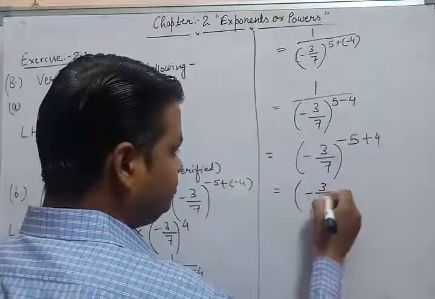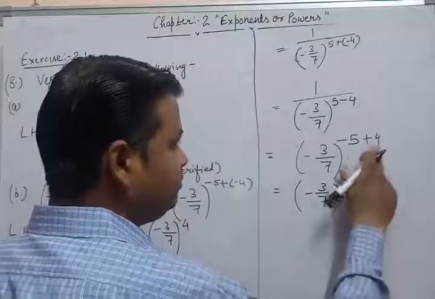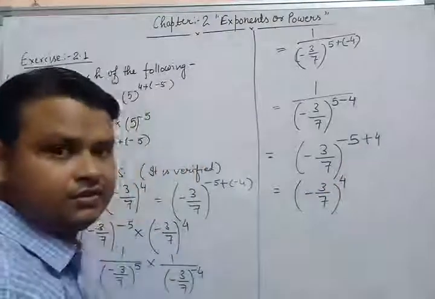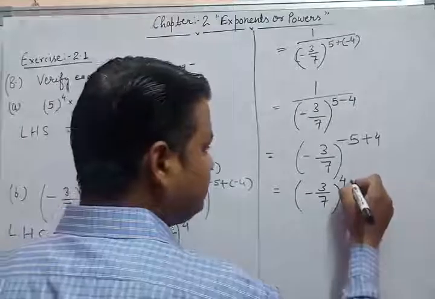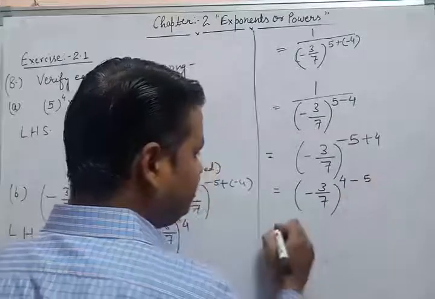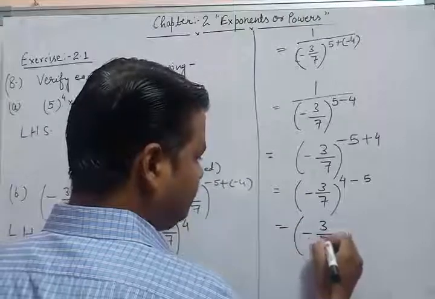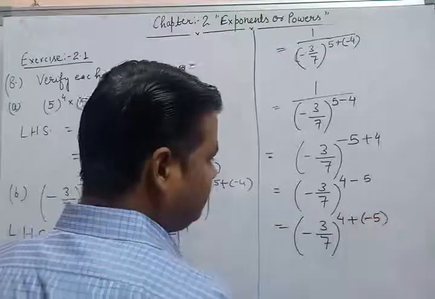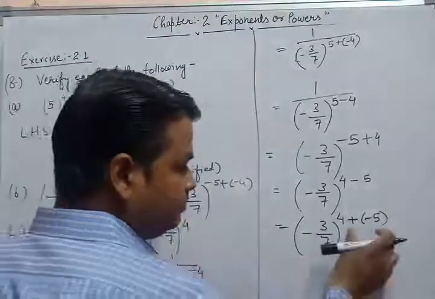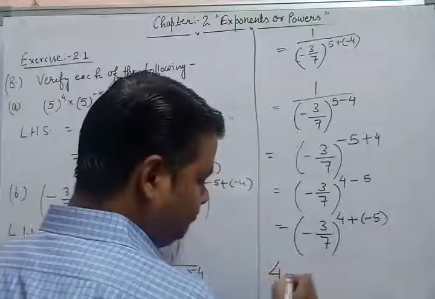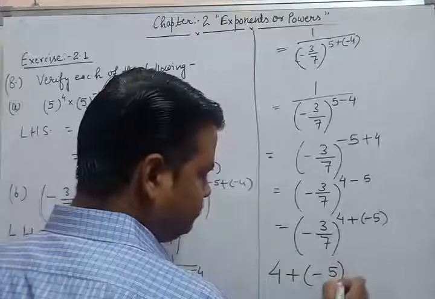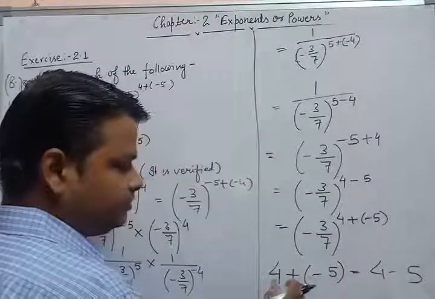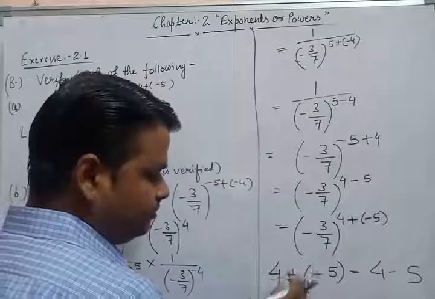Again we can write plus 4 as first exponent minus 5, and minus 3 upon 7 plus minus 5, because 4 plus minus 5 is equal to 4 minus 5, because plus into minus we have to multiply.